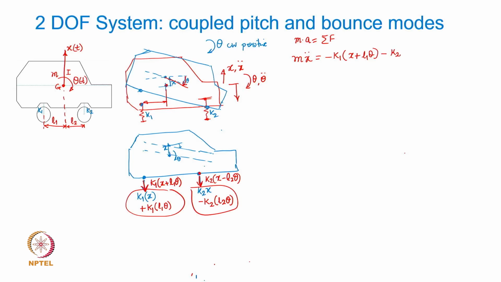The second one is K2 into X minus L2 theta.